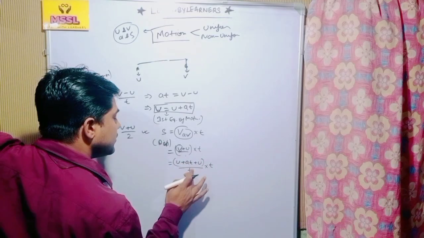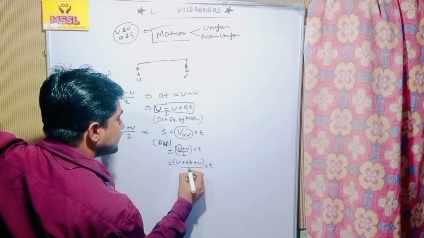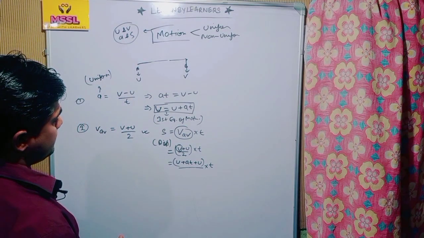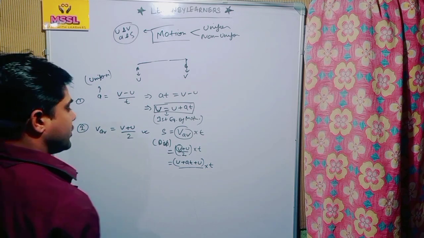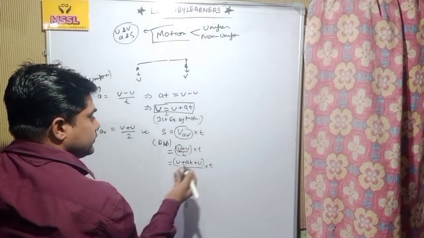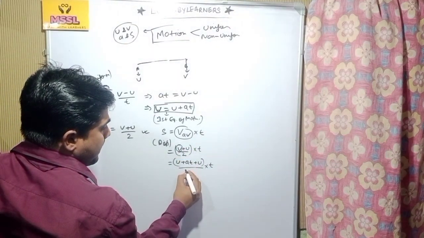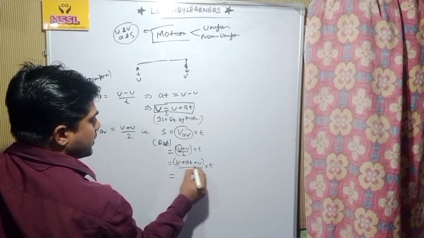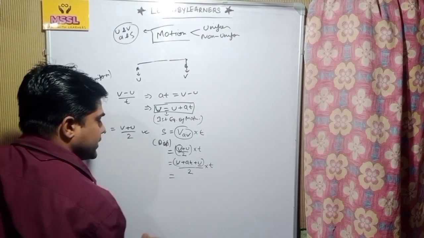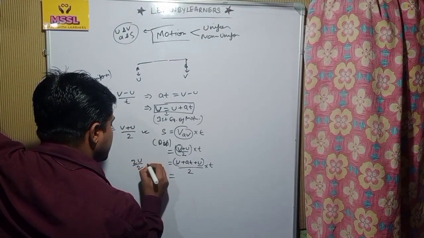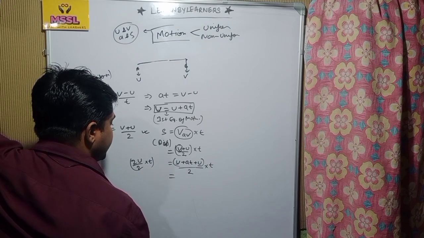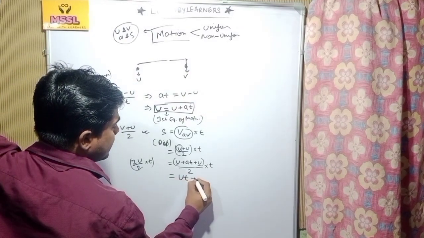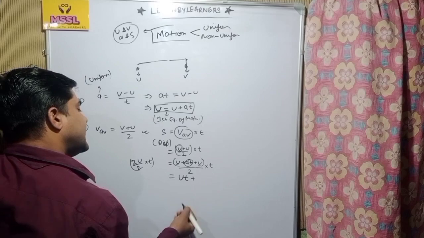Sorry, it is 2. Let us rearrange this. It is 2U by 2 times t, so this will become ut plus at times t, which is at square by 2.